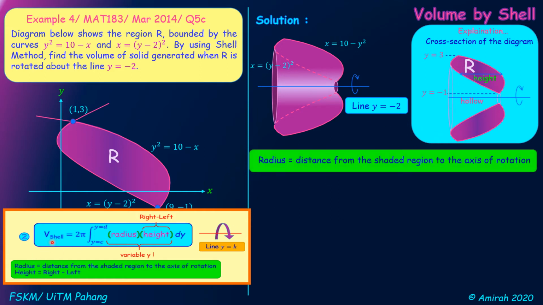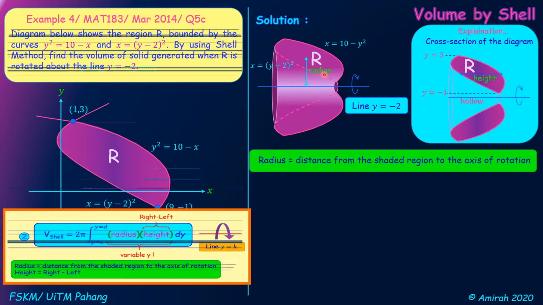From volume by shell, we need to find the radius and the height. Radius equals the distance between the shaded region and the axis of rotation. This is our original shaded region, and this is the axis of rotation. So the distance between the original shaded region and the axis of rotation is the radius.